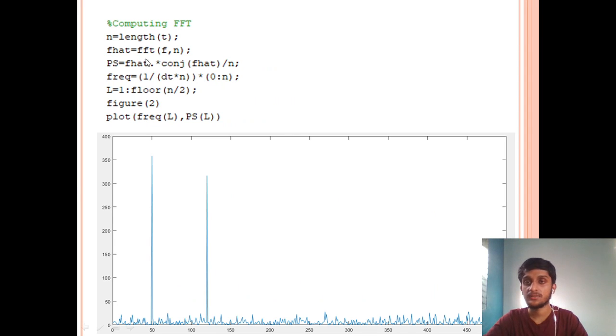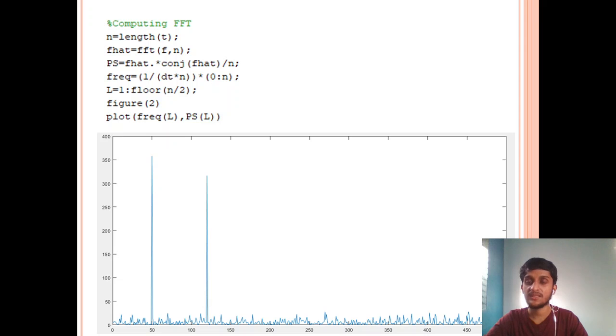Then we apply a fast Fourier transform to obtain the Fourier coefficients f hat. Now I need some measure of the magnitude of the frequency components present, so I calculate the power spectrum.